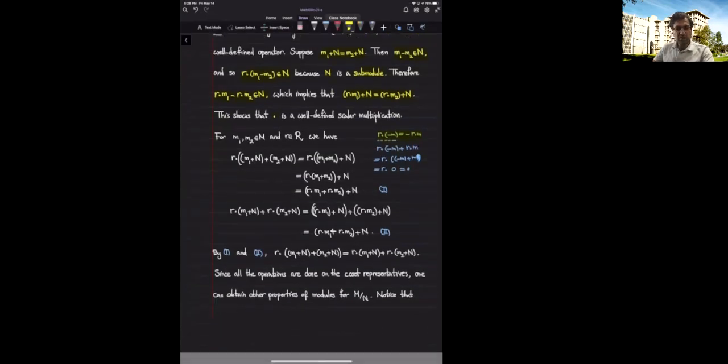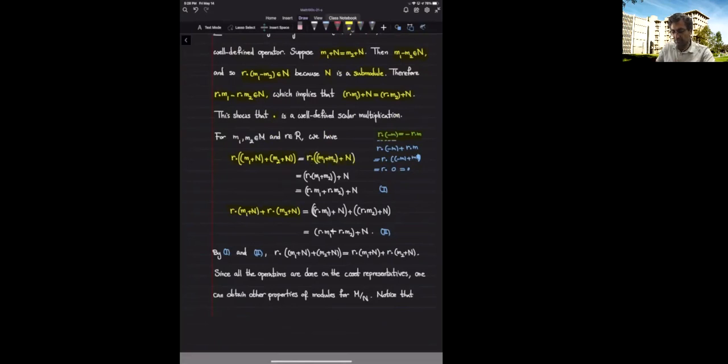Let's quickly check one of the distributions. Let's say I want to see why R times the sum of two cosets is R times the first coset plus R times the next coset. This is distribution on the module side. But what does this addition mean? It means that I have to add the coset representatives and then look at the coset. What does this scalar multiplication mean?